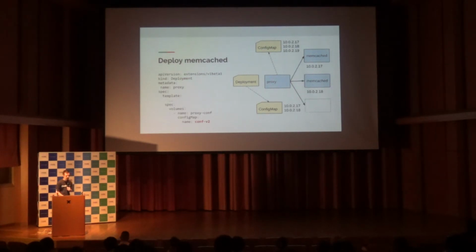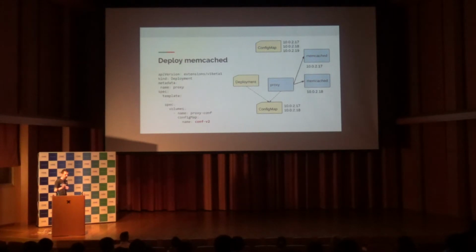Once we've done that, the deployment will trigger a rolling update. So the instances will roll over, or it will create a new version of the instance, essentially restarting the proxy server to use the new configuration and talk to our instances.